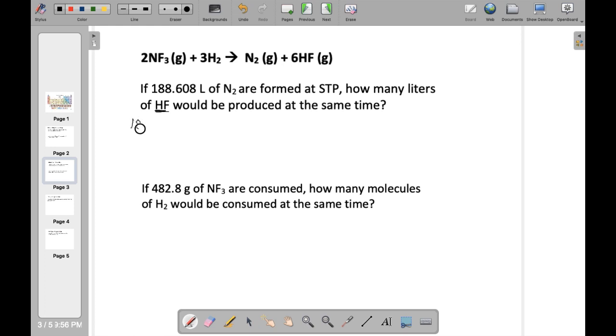So I have 188.608 liters of nitrogen gas. Yet again, let's convert that into moles. 1 mole of nitrogen gas equals, and this is liters, so 22.4 liters of nitrogen.